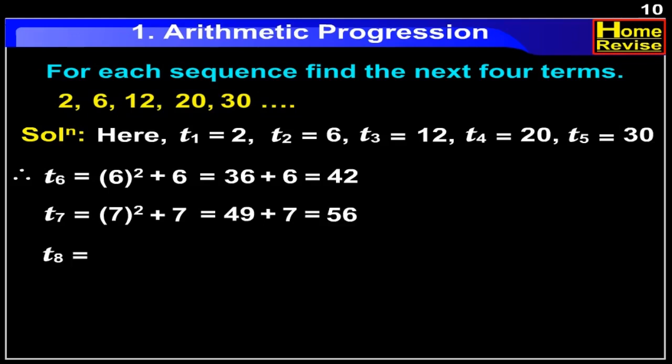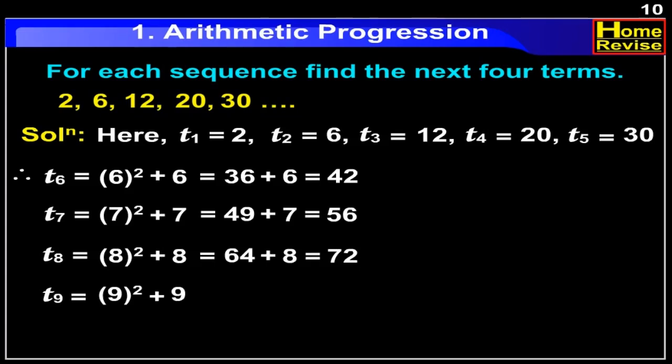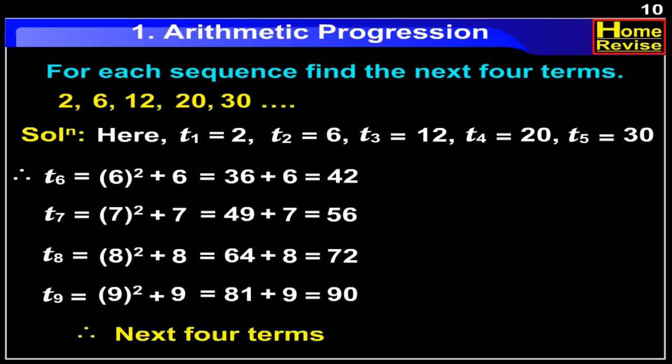T8 is equal to 8 square plus 8 is equal to 64 plus 8, which is equal to 72. And T9 is equal to 9 square plus 9 is equal to 81 plus 9, which is equal to 90. Therefore, the next 4 terms are 42, 56, 72, and 90.